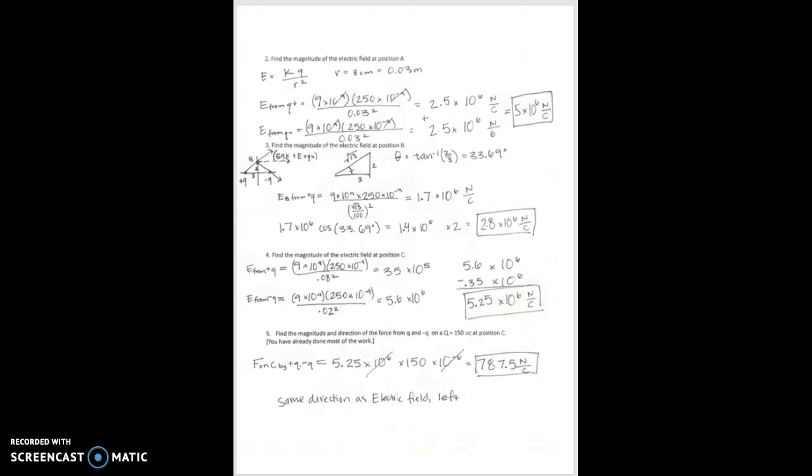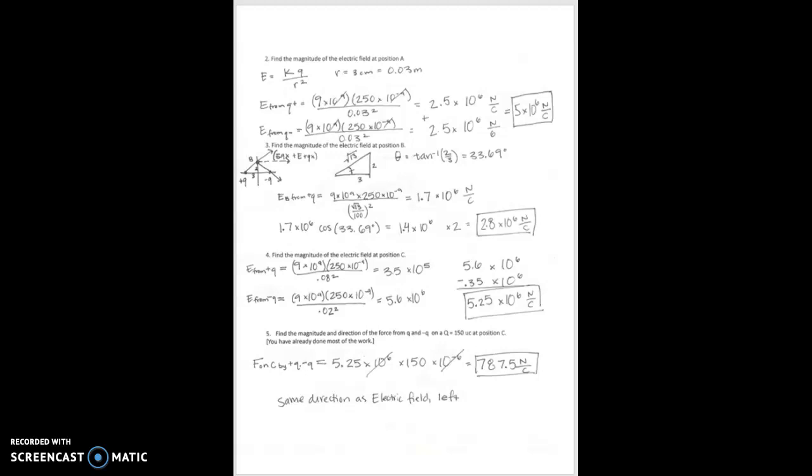And so then I found the force that the new charge would feel by the equation F equals Q times E, electric field. Since charge is a scalar, and force and the electric field are vectors, I know that the electric field is going to be pointing in the same direction as the force.